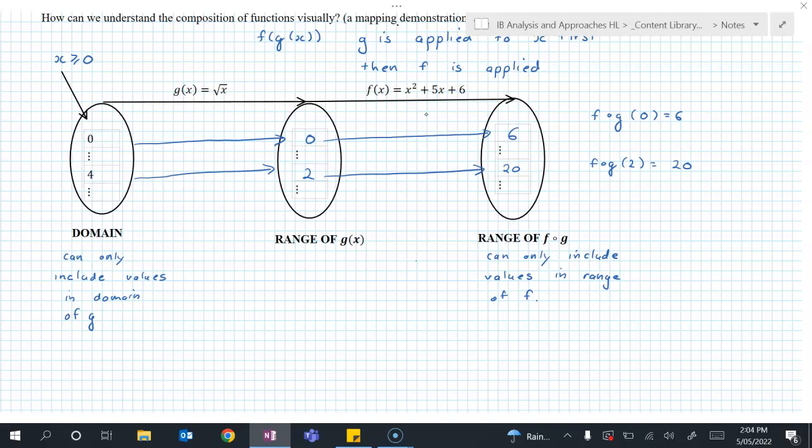Now the range of g of x is where it gets interesting. The range of g of x must only include values that are in the domain of f.